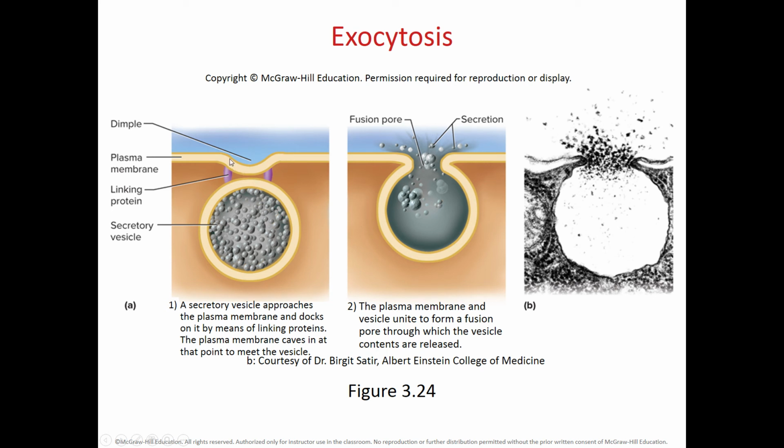You first form a bridge between the plasma membrane and the secretory vesicles through a linking protein, and you form a dimple. As you pull the plasma membrane, it will fuse with the vesicle membrane, and you will form something called a fusion pore, and then you secrete the substance. And this is the electron micrograph showing the process of exocytosis.